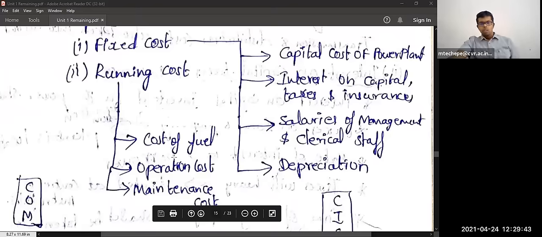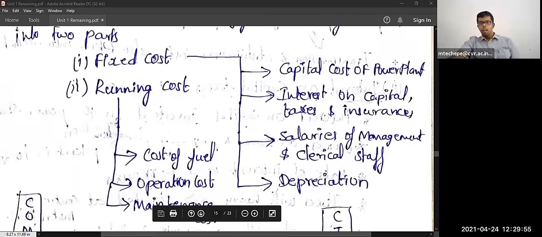To remember easily, I can use some shortcuts. For fixed cost, if you remember CASD, you can write down all these points: capital cost of power plant, interest on capital, taxes and insurance, salaries, and depreciation.